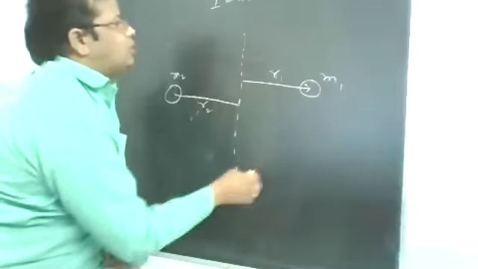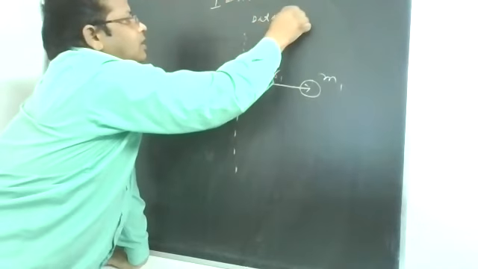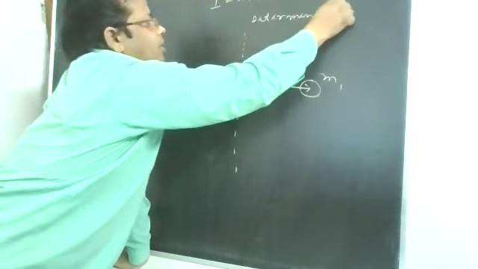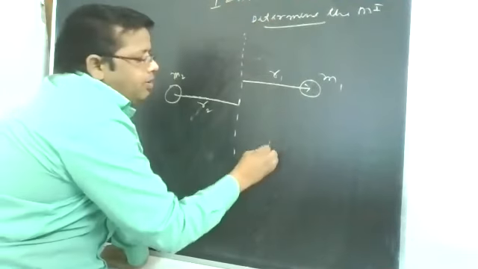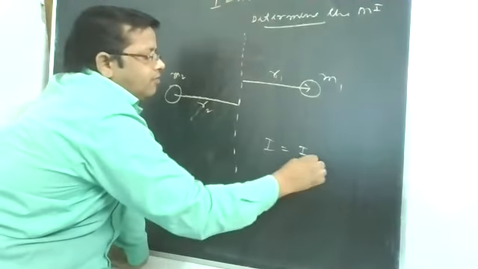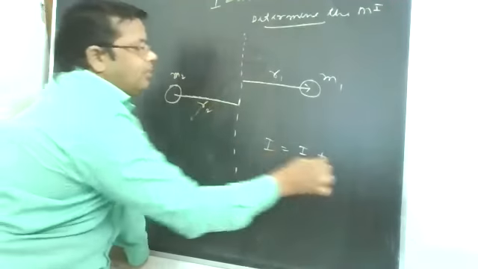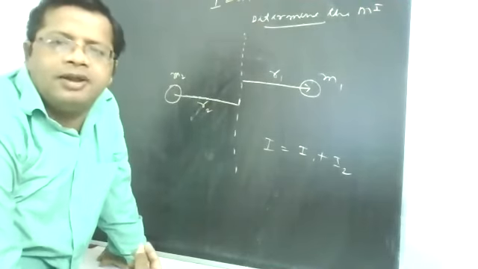Now what is the total moment of inertia? Determine the moment of inertia. So here two bodies are there. The moment of inertia of the first body is I1, the moment of inertia of the second body is I2. Moment of inertia is a scalar quantity, beta.